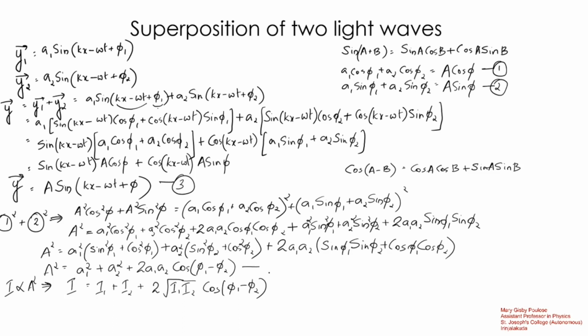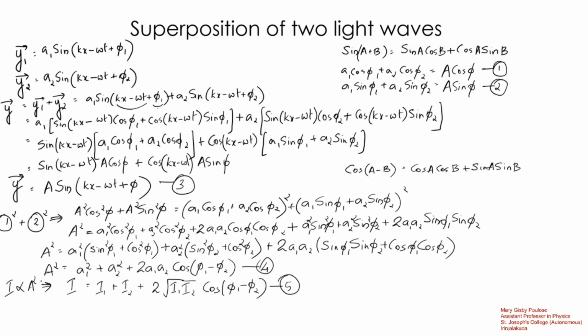Okay, so let this be equation 4 and this be equation 5. Equation 4 is in terms of amplitude square and equation 5 is in terms of intensity of the wave. Hence, we get an expression for the amplitude of the wave A from equation 4.